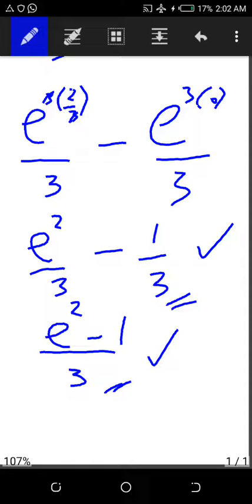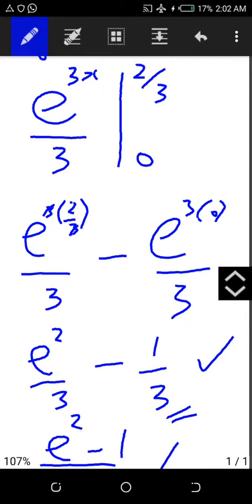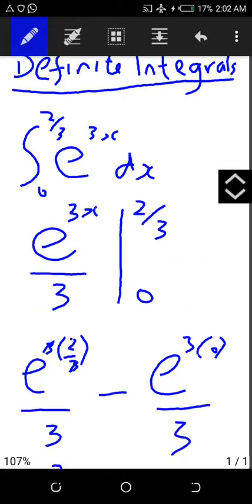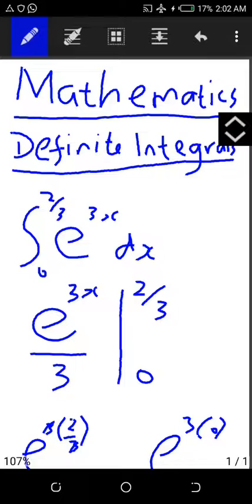Alright, so this is how we can solve integrals of some trigonometric functions and other common functions.